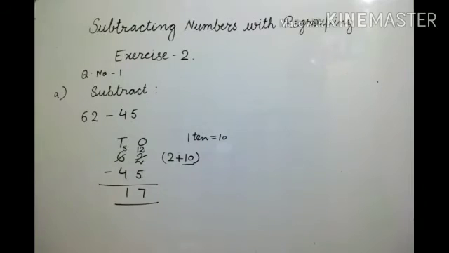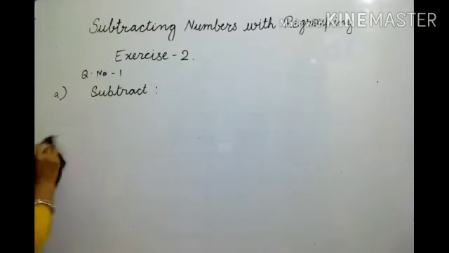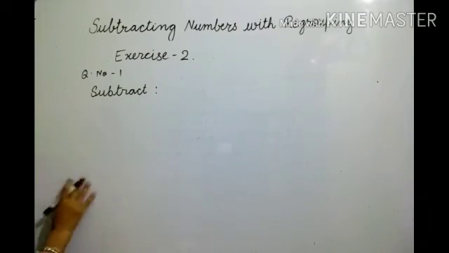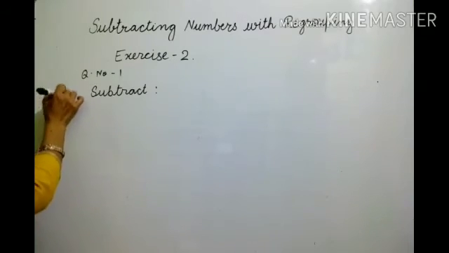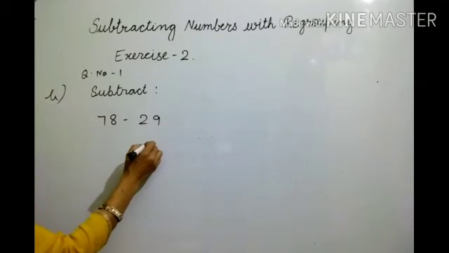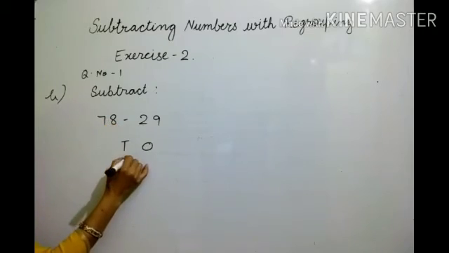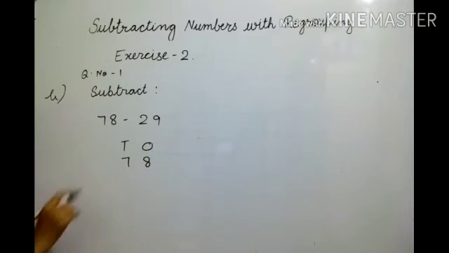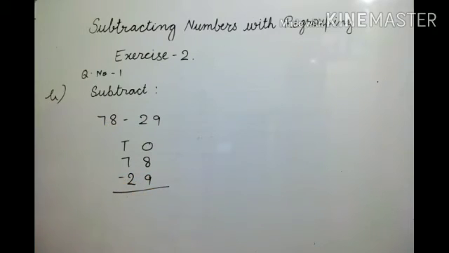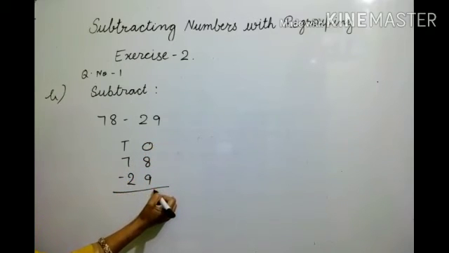Let's take one more example, the next question of your exercise. B part. 78 minus 29. First we arrange the numbers in columns, 78, the bigger number, on top, and 29 smaller. Then the subtraction symbol. Start subtraction with the ones place digit.